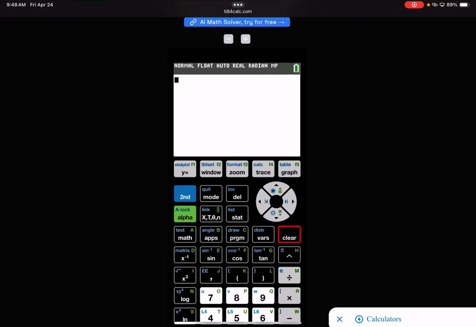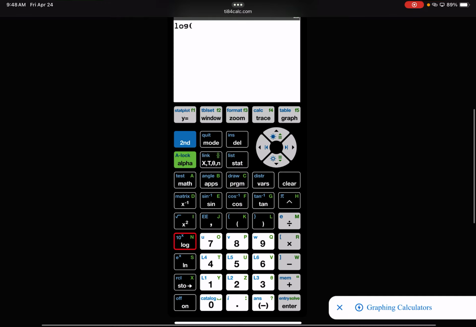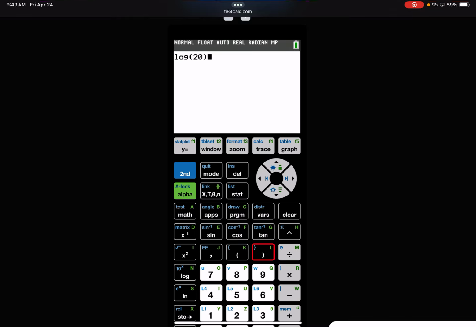Okay, so we are typing in log of 20, that was on top, right? Yes. And then close those parentheses. And then hit the divided button, because that's the same thing as fraction.